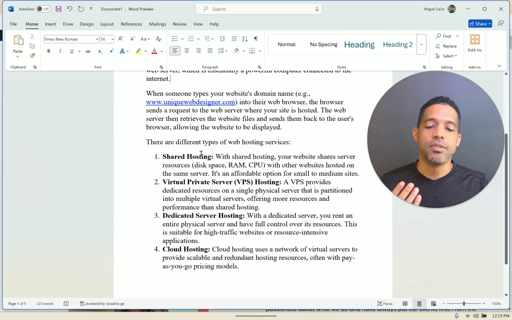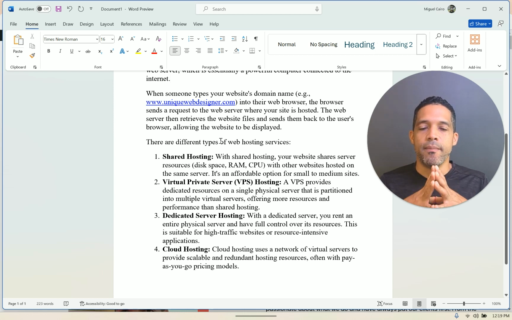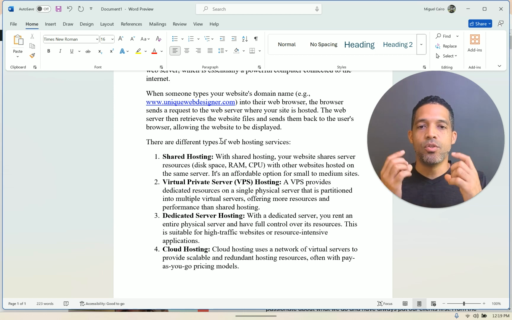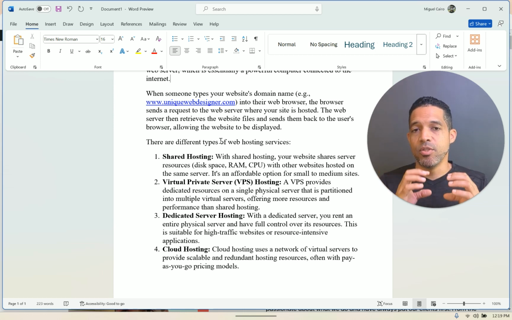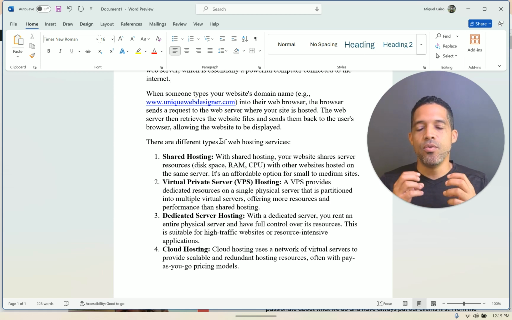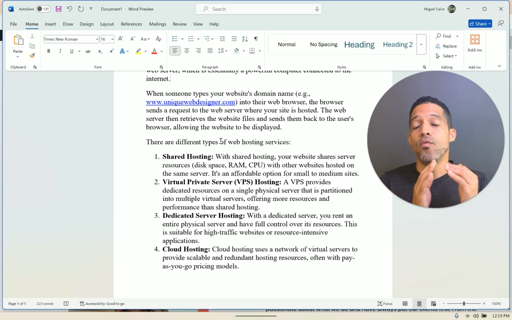So you have shared hosting. Shared hosting is basically a type of hosting where a lot of different websites are being stored in the same computer, in the same server. Depending on the company, it could be 100 websites, 200 websites, 300 websites. So whenever you're using shared hosting, you have fewer resources available for your website.